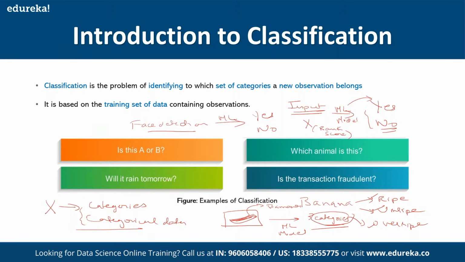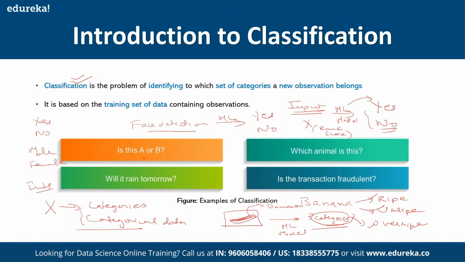So basically when your input is to be divided into yes or no, or say male, female, or say into different buckets of fruits, etc., then we will say that it's a classification problem.